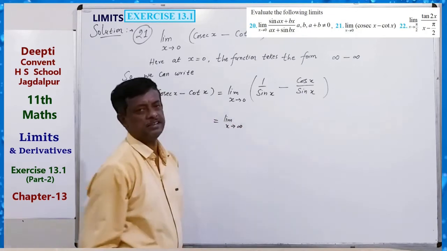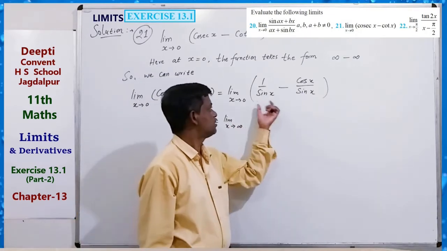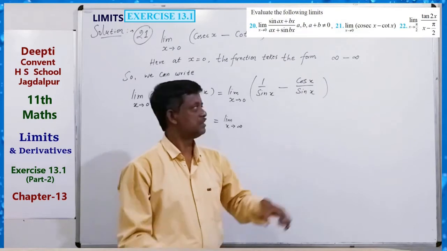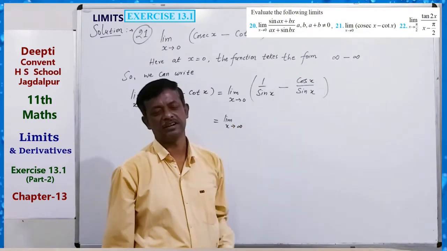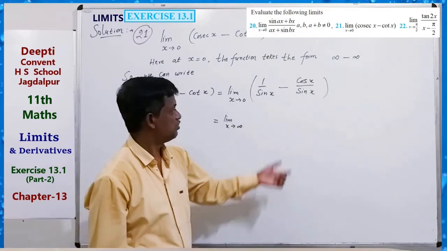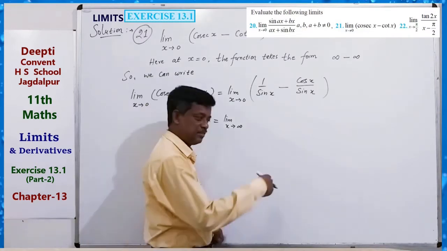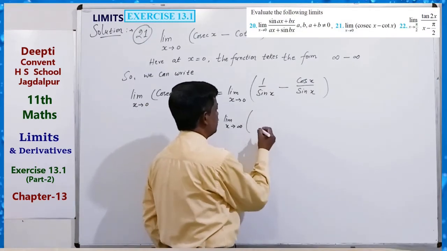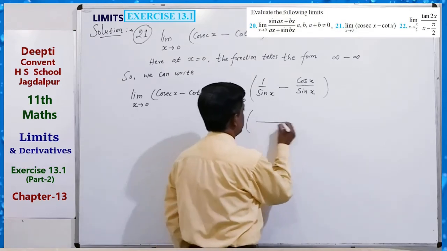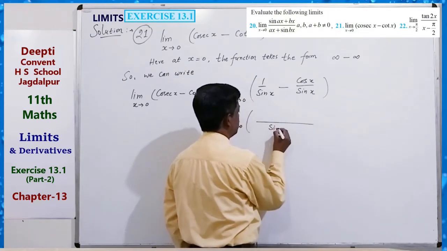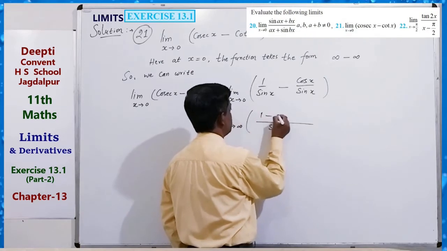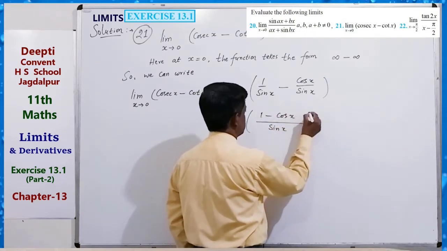In such a case, whenever two rational functions are added or subtracted, giving an infinity minus infinity form, you have to use the LCM technique and then solve by using trigonometric formulas. So we get 1 minus cos x upon sin x.